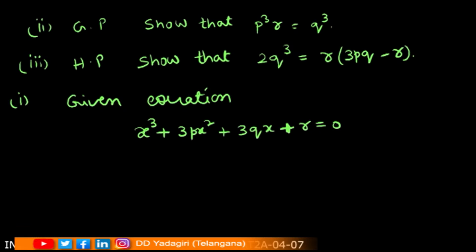If I take alpha, beta, gamma, and r are also used as a coefficient, they look similar. So what I do is I will take them as alpha 1, alpha 2, alpha 3.